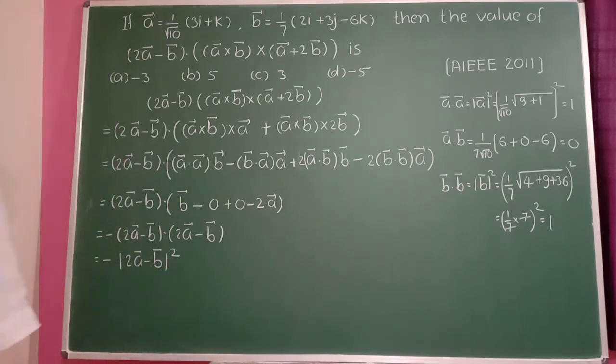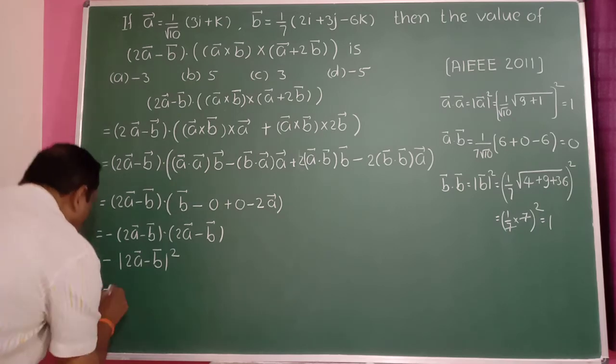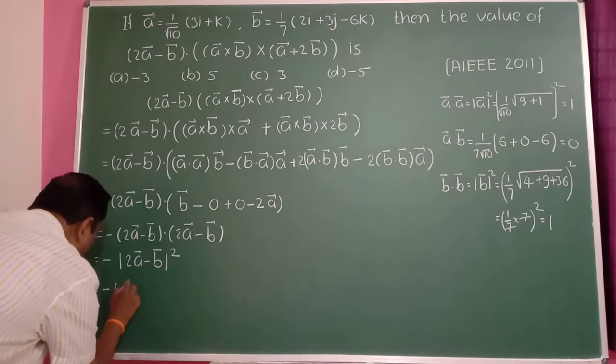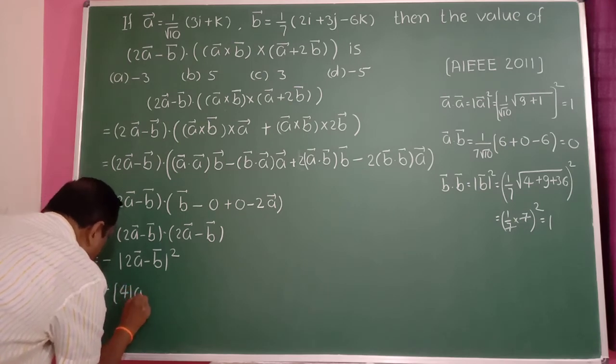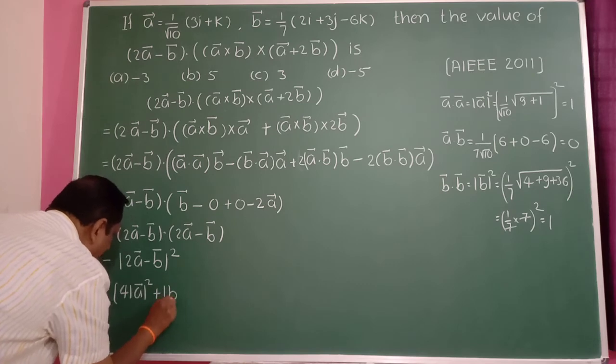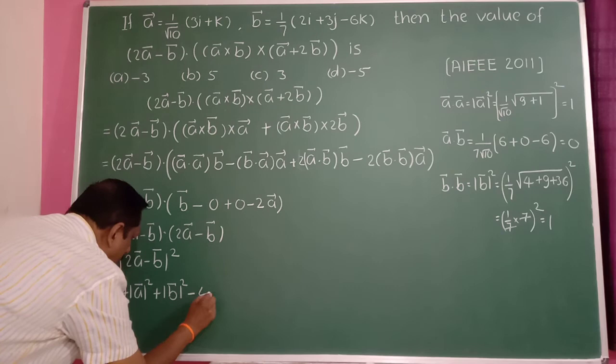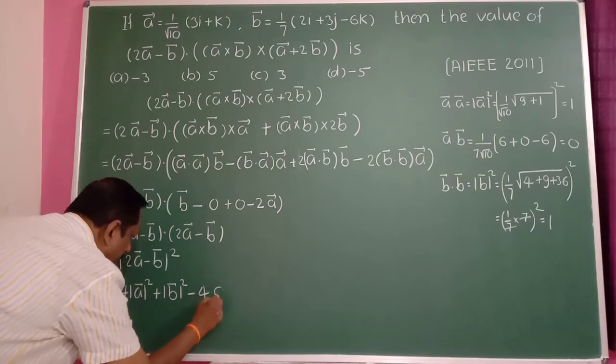Then expand it here. So this is equal to minus of 4 into this term square, modulus of a bar square, plus modulus of b bar square, minus of 4 into a bar dot b bar.